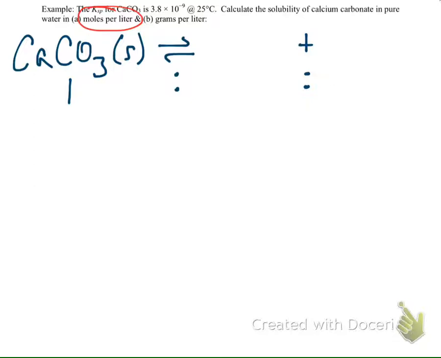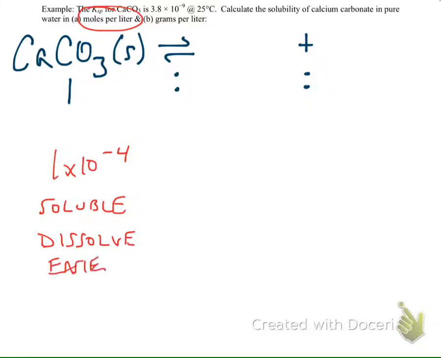If we have something like 1 times 10 to the negative fourth, that's going to be pretty soluble and it will dissolve easier. Whereas if we see something like 1 times 10 to the negative 30th, that's going to be very insoluble, and we're just going to see a lot of solids still. That's not going to dissolve once you put it in water.